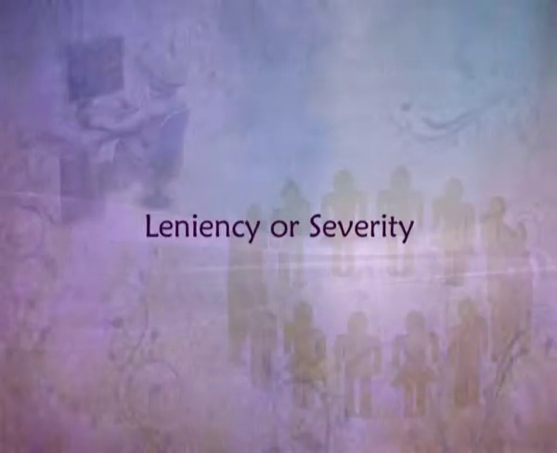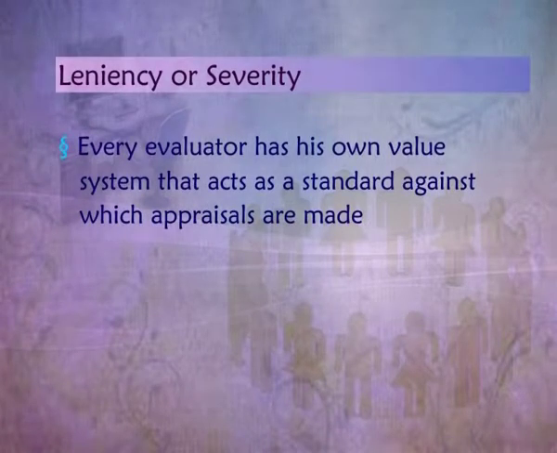Leniency or severity. Every evaluator has his own value system that acts as a standard against which appraisals are made. Relative to the true or actual performance an individual exhibits, some evaluators mark high while others mark low. The former is referred to as positive leniency error and the latter is referred to as negative leniency error.